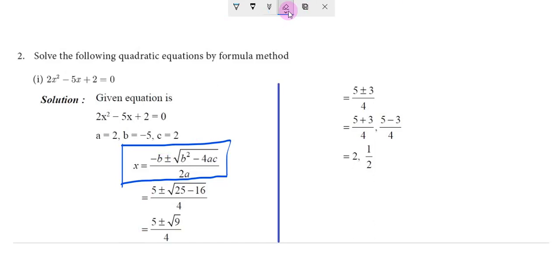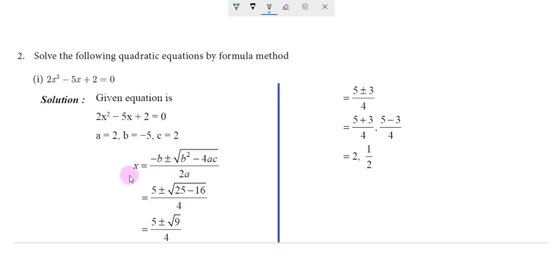So x equal to minus b plus or minus root of b square minus 4ac whole divided by 2a. Now apply its value, minus b. Already we have b equal to minus 5. So this minus and that minus will be plus.